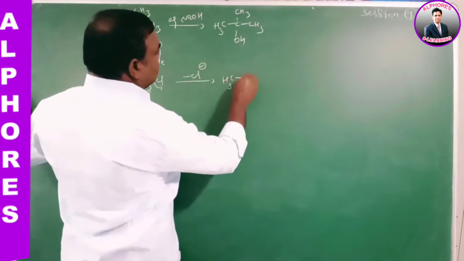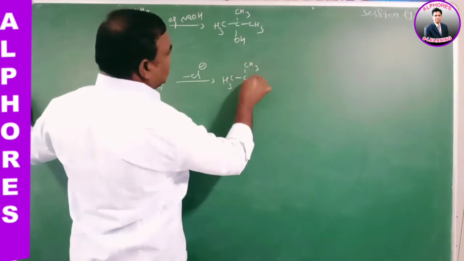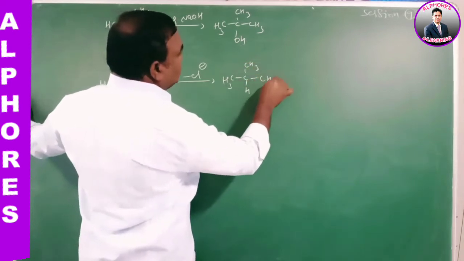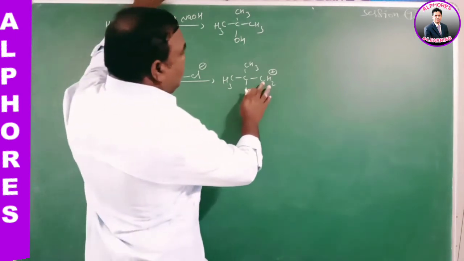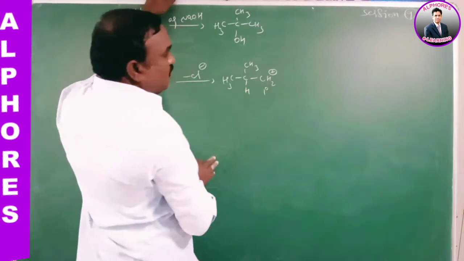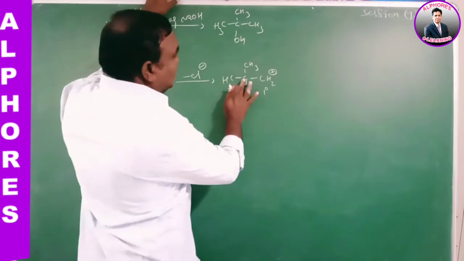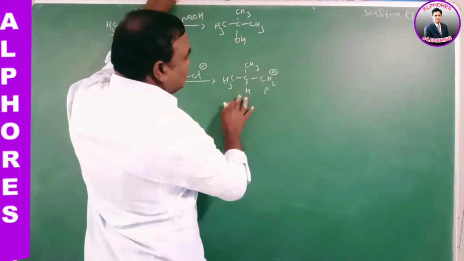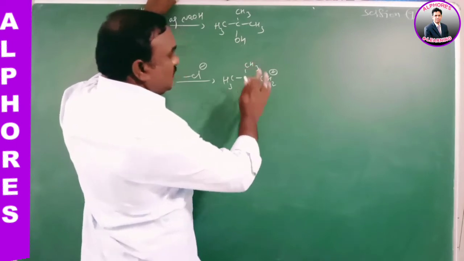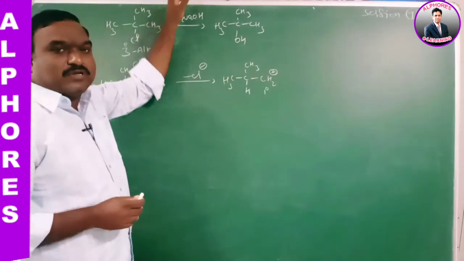Here CH3, again CH3, again CH2 plus. The formed carbocation is a primary carbocation, but the adjacent carbon has tertiary nature. Now a hydride shift is possible between the tertiary carbon and the primary carbon.